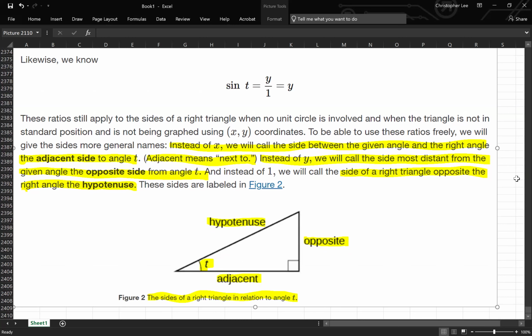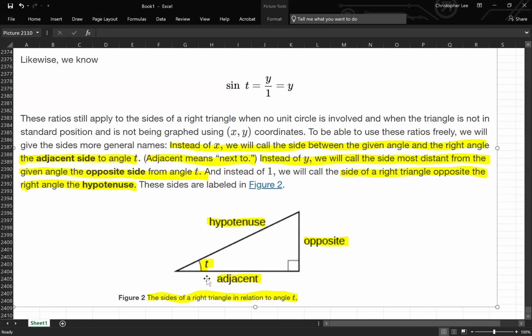Instead of x, we will call the side between the given angle and the right angle the adjacent side of angle t. Adjacent means next to. Instead of y, we will call the side most distant from the given angle the opposite side of angle t. And instead of 1, we will call the side of the right triangle opposite the right angle the hypotenuse.